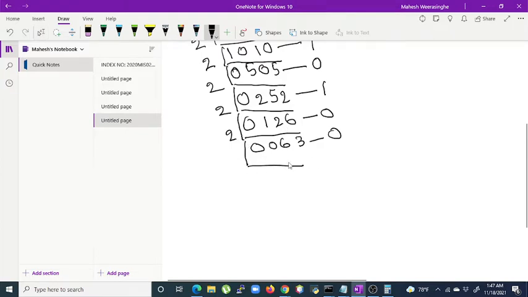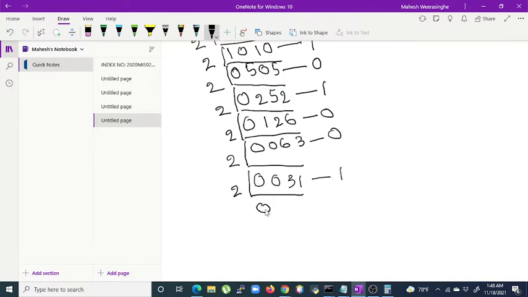I think you know how to convert decimal values into binary. If you do not know, just put a comment in the comment section, and I can do another video to explain more. So 63 divided by 2 is 31, remainder is 1.